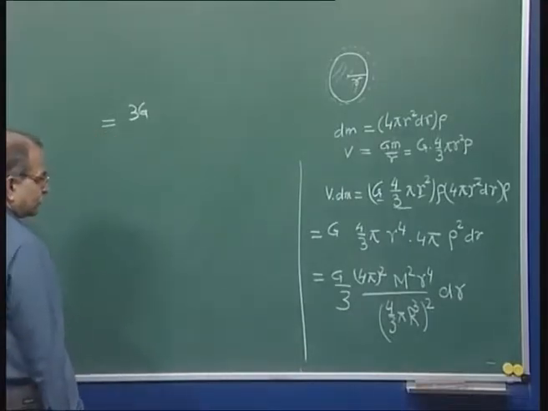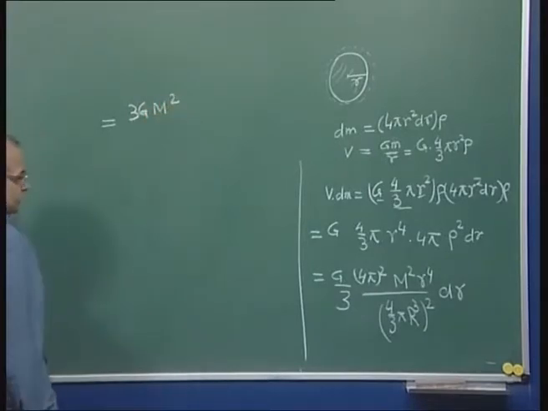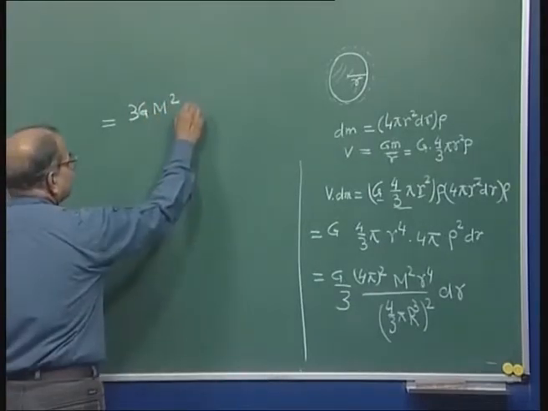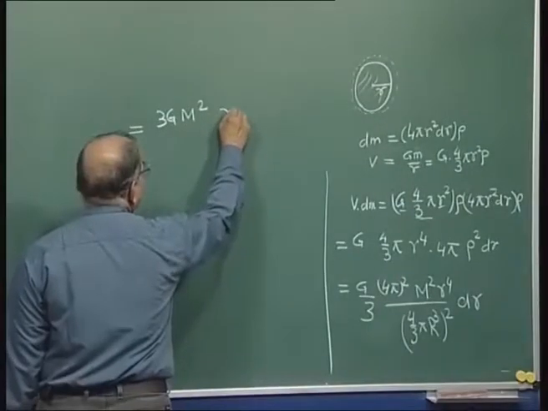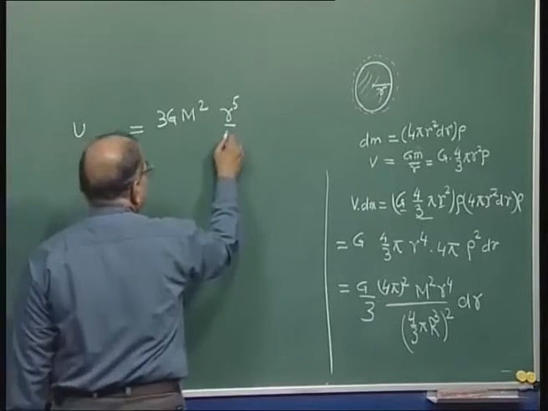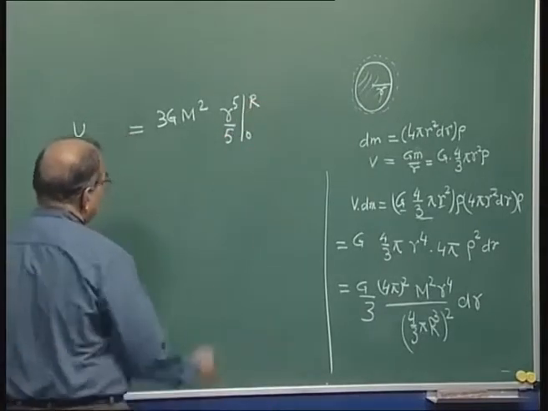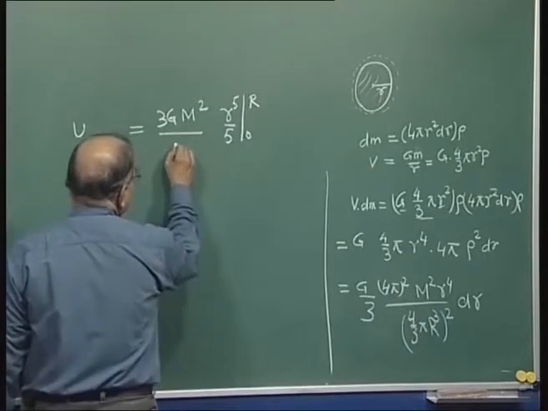M square, and small r to the 5 by 5, since I am integrating now, r to the 5 by 5 from 0 to capital R, and in the denominator R to the power 6.